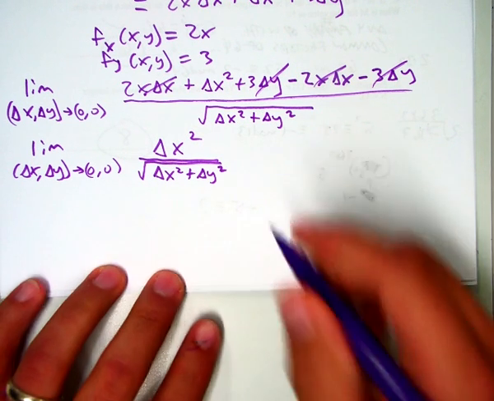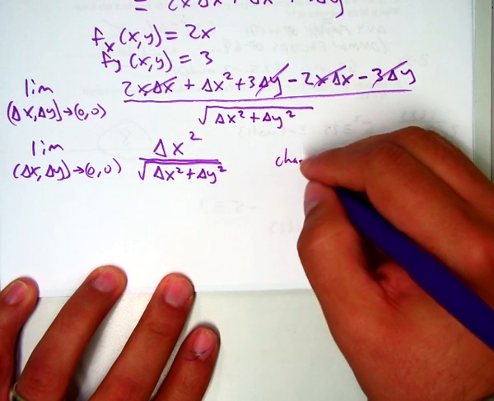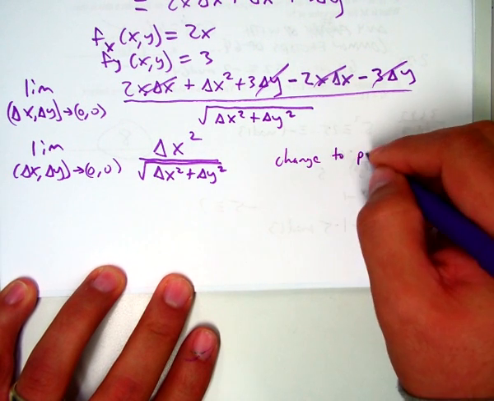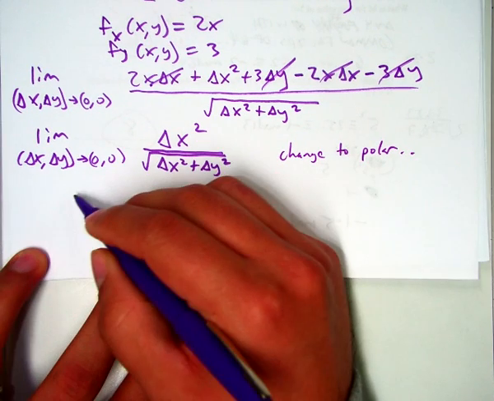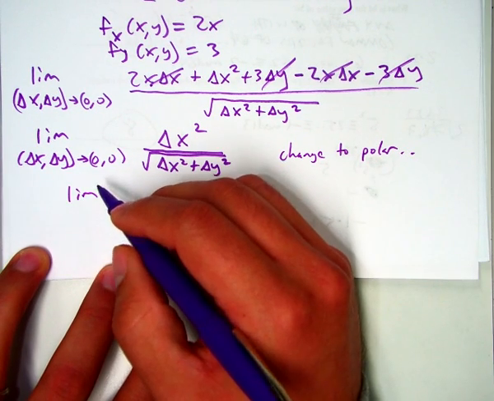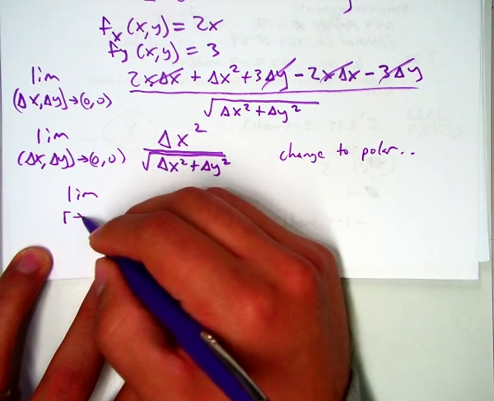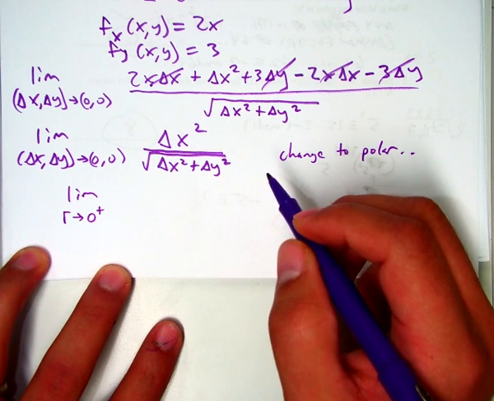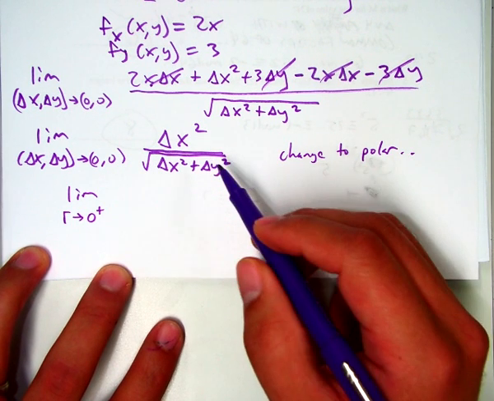Yeah. So if we change to polar, this is the same as the limit as r approaches 0 from the right. What's delta x squared turn into?